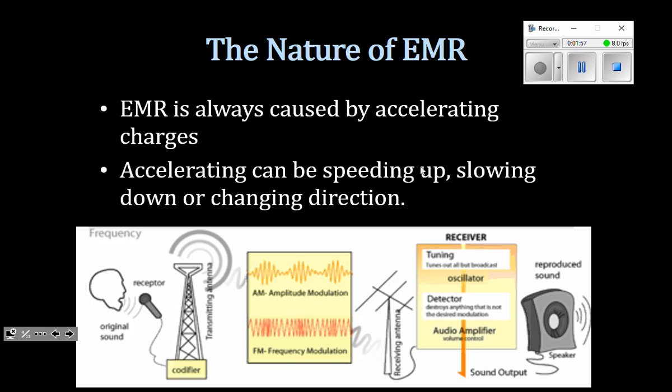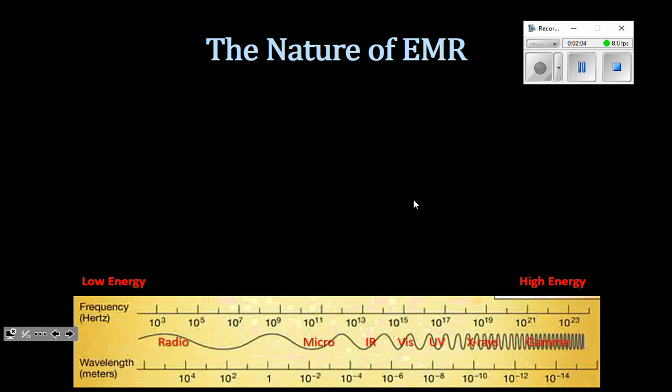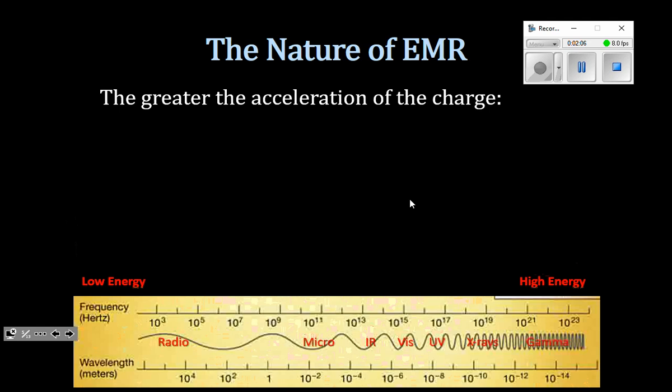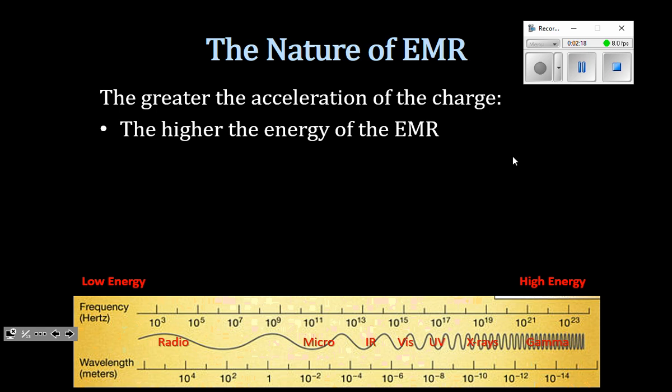So EMR is always caused by accelerating charges that speed up, slow down, or change direction. The greater the acceleration, the higher the energy of the EMR. If you change its direction more than you do less, then there'll be higher energy of the EMR. So it's going to be at the higher end of the scale.